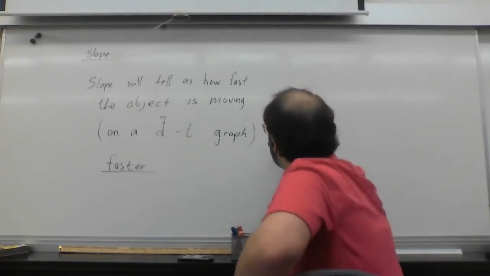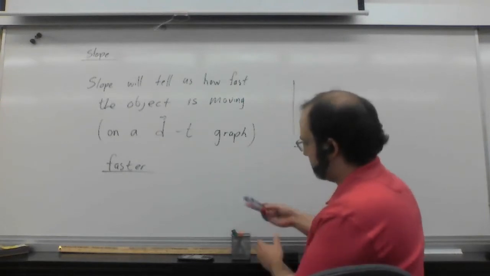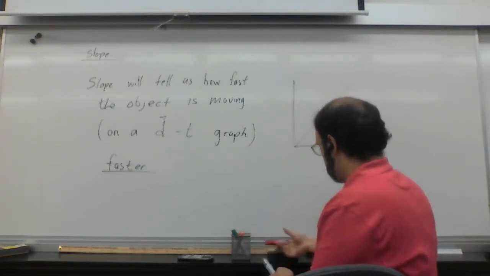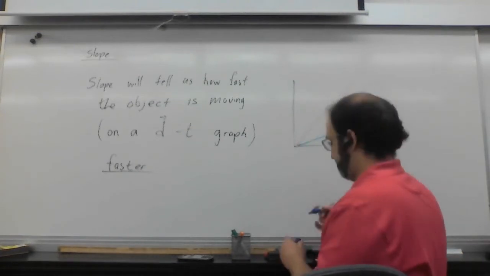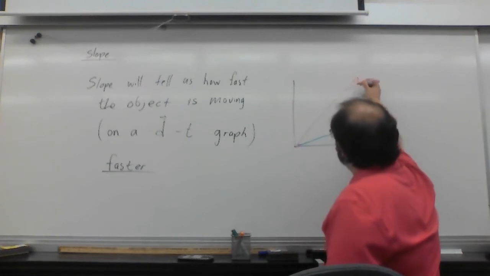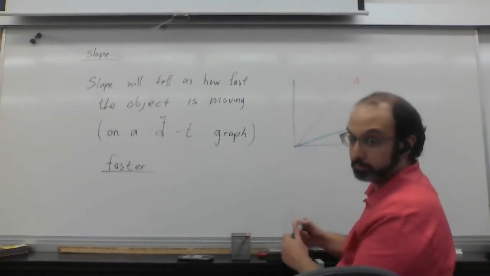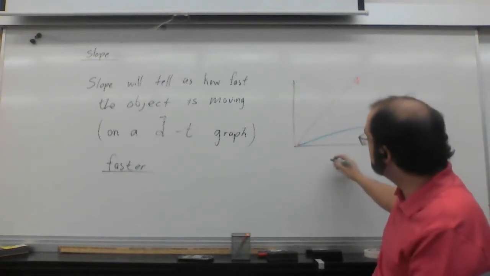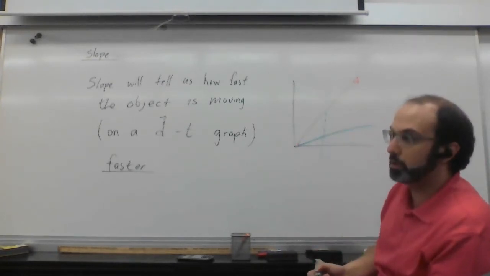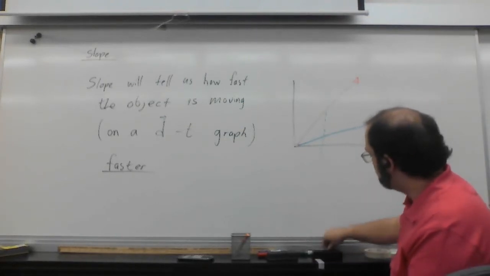Because if we look at the graph, right, it looks something kind of like this. I'll just do two real quick lines here. So here's A, boom. And here's B. Okay, so A is going to be faster because in the same amount of time, covering it up here, in the same amount of time, I will cover a greater distance, right?